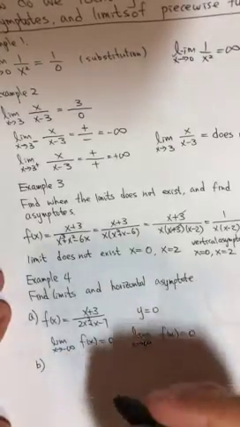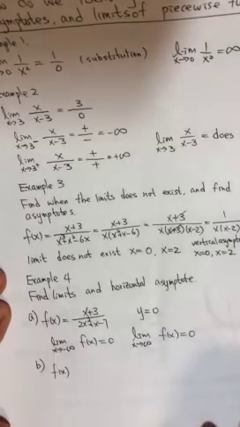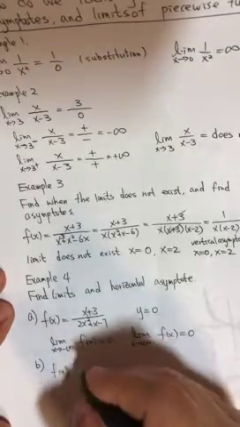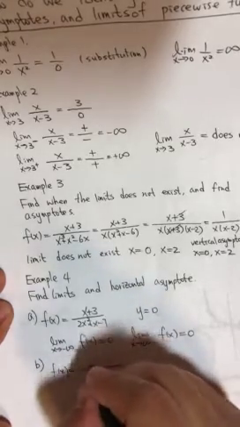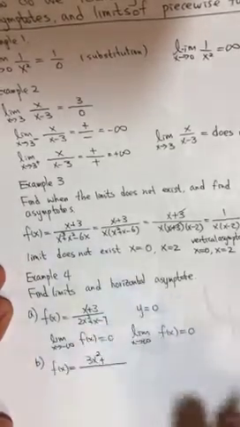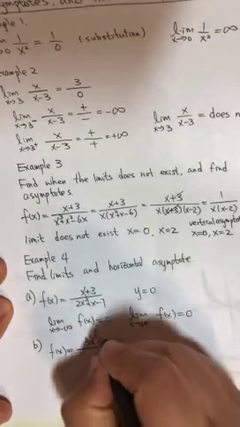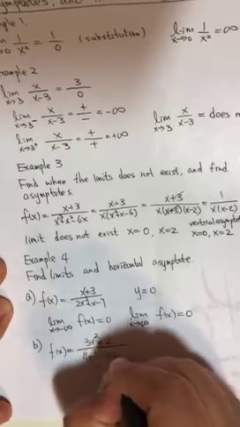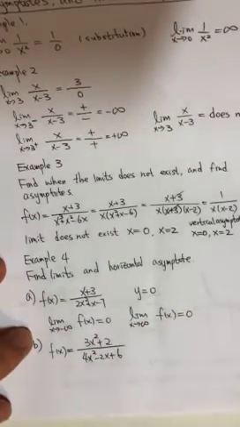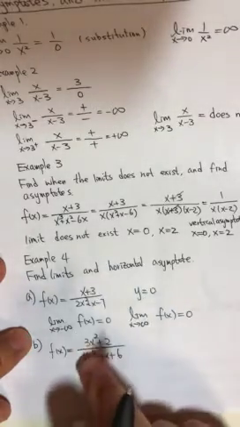How about the second one? So we would have the function value of this. Again, think about the horizontal asymptote.